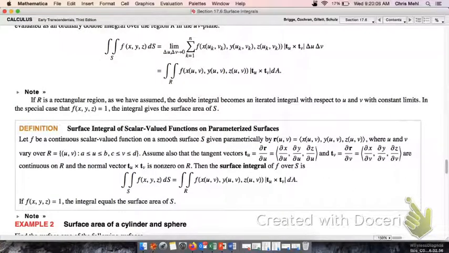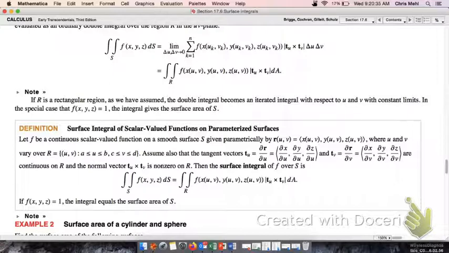So f is a continuous scalar valued function on a smooth surface S. It's just a function defined on the surface, and the surface has a parametric description. U and v vary over a rectangle, and then you have tangent vectors Tu and Tv. They're supposed to be continuous, and then Tu cross Tv is a vector that's normal to the surface.